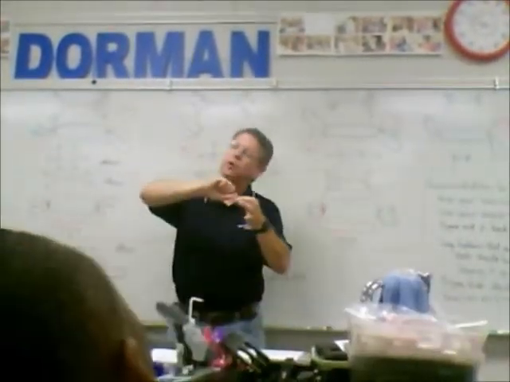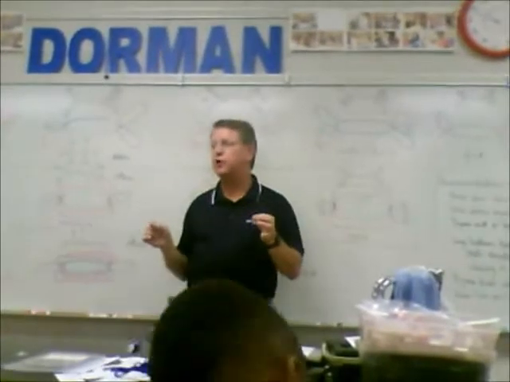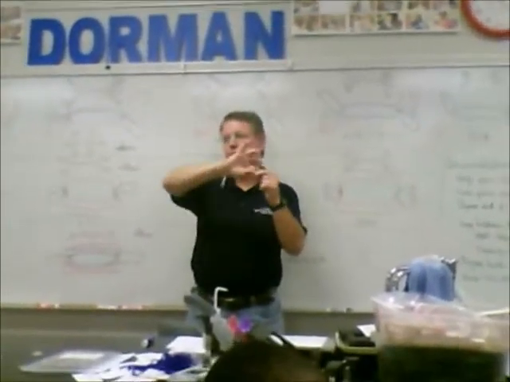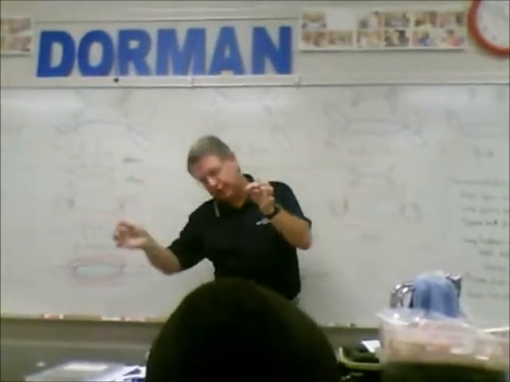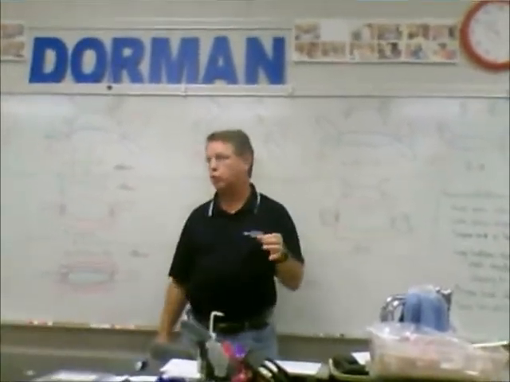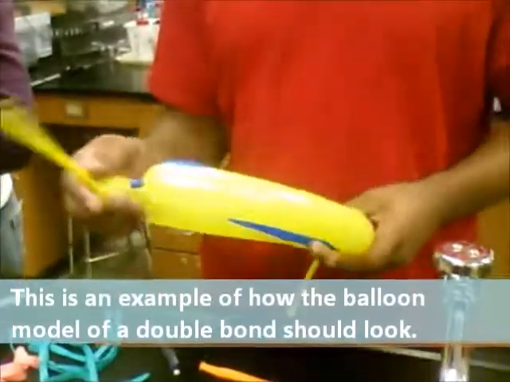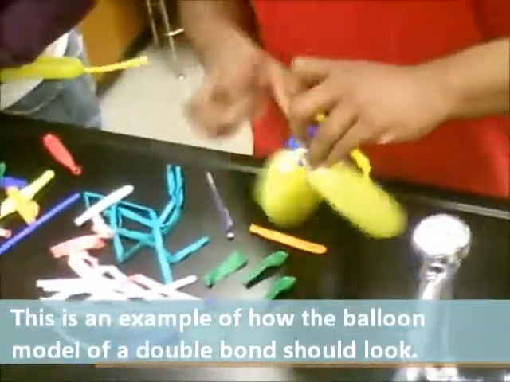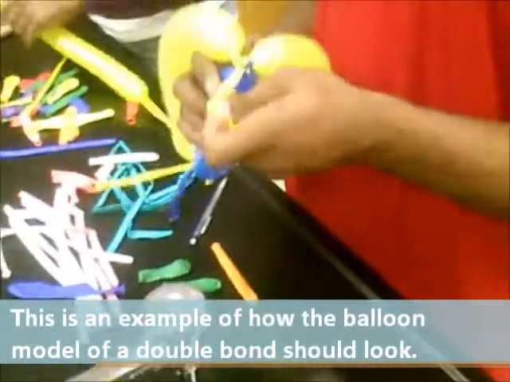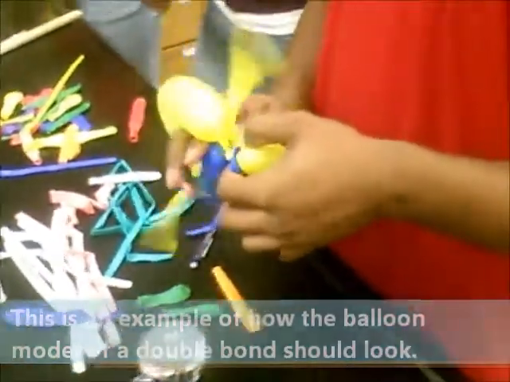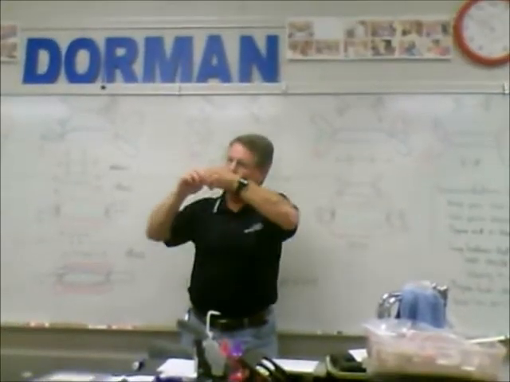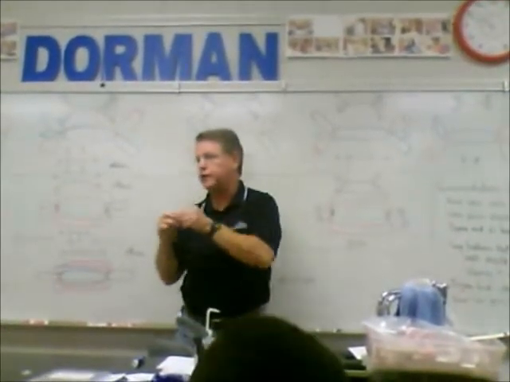So the part that goes around, you want to make those about 35 centimeters. So if you make this one 20 and the pi bond 35 and the other part of the pi bond 35, it'll work out pretty well for you. When you knot everything up, get them knotted up really tight on the ends, okay?